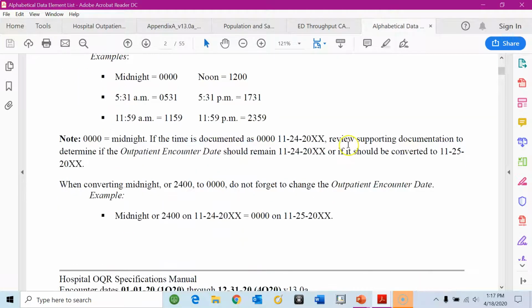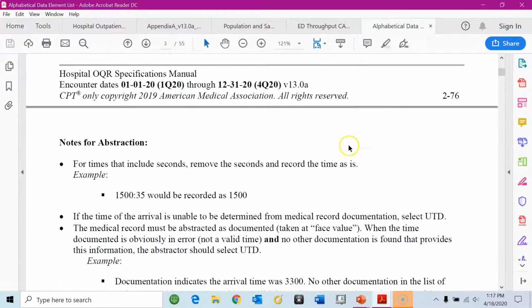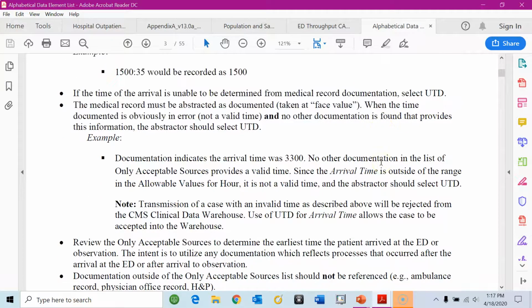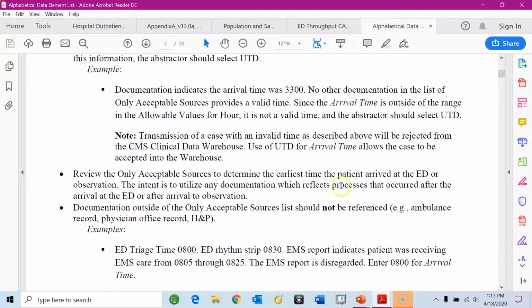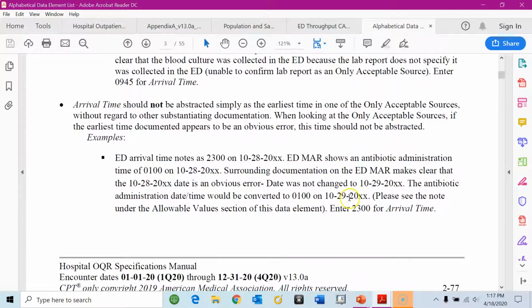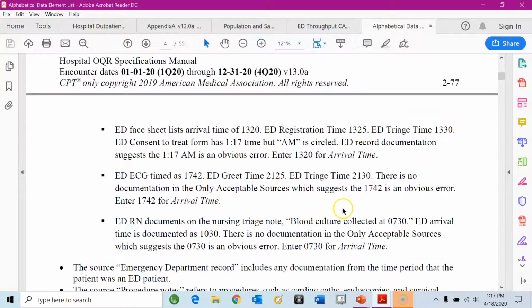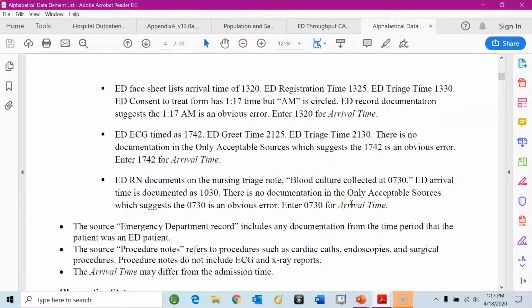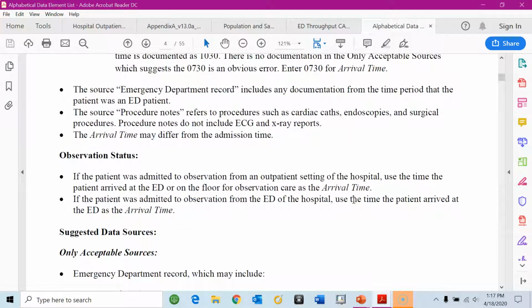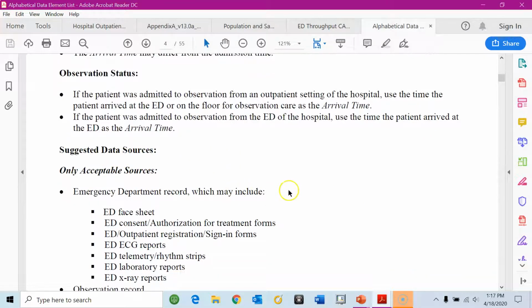What was the earliest documented time the patient arrived in the ED? It seems easy enough, but there are some instructions. That's what notes for abstraction are. They tell you what you should reference and what you shouldn't reference. I'm not going to read them all for you, but you need to read them. If you're just starting abstraction, you need to know how to determine the correct way to answer that question. It gives you only acceptable sources.